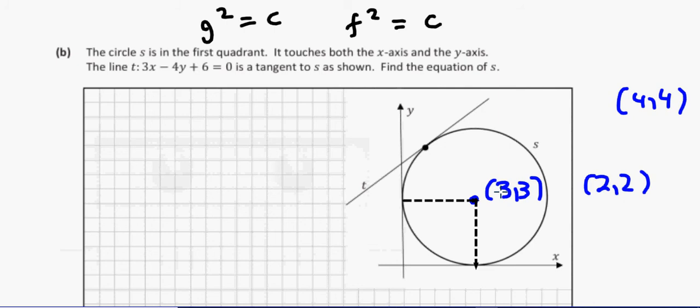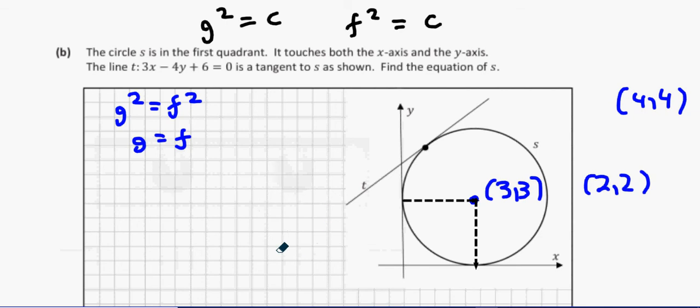So that's why you have g squared equals f squared. Or quite simply g equals f, because we know they're both positive. Usually be worried about whether, let's say it was in another quadrant, it could be minus 3, 3. But in this case, we don't have to worry about that because it's in the first quadrant.